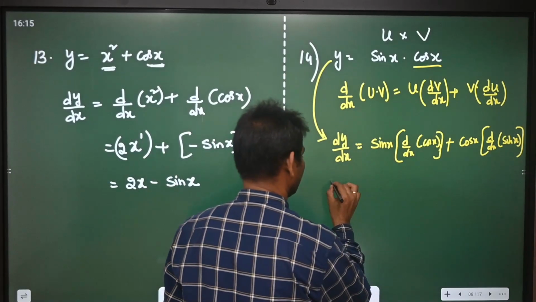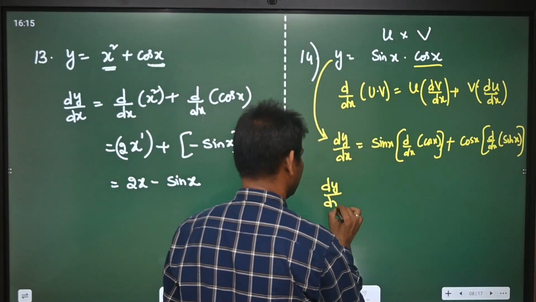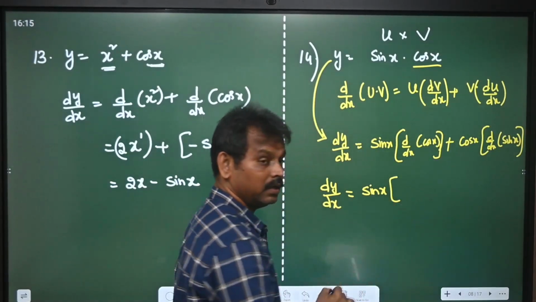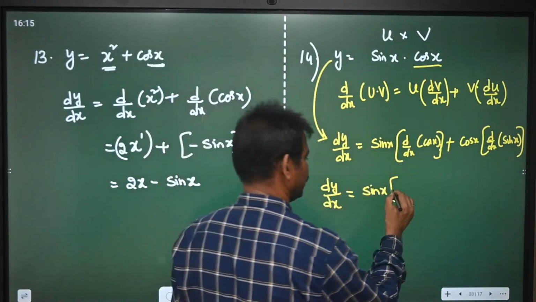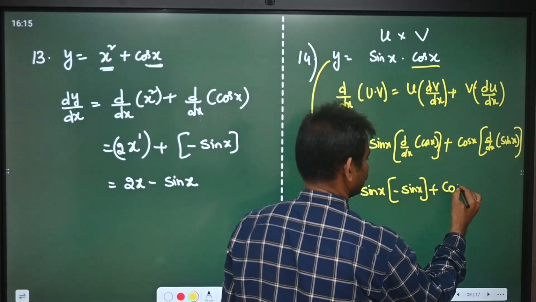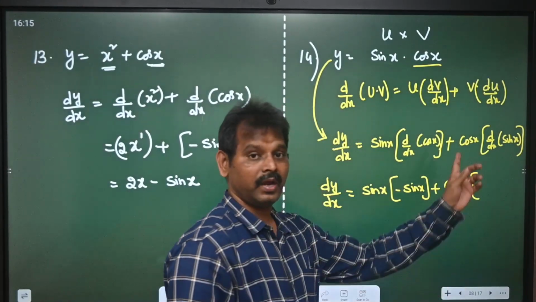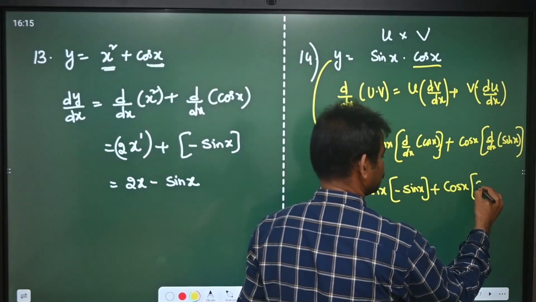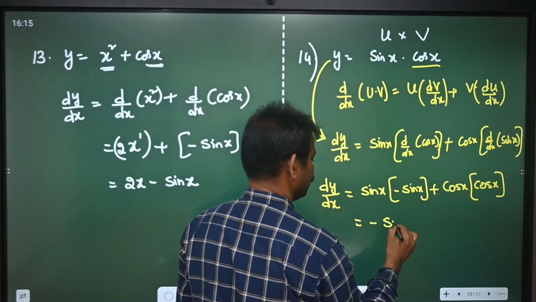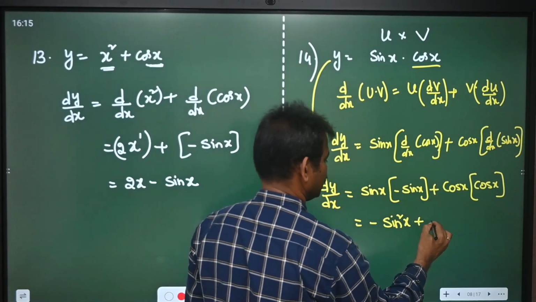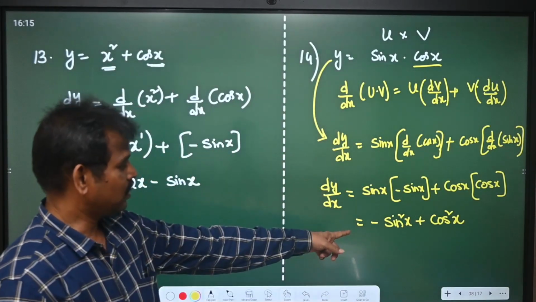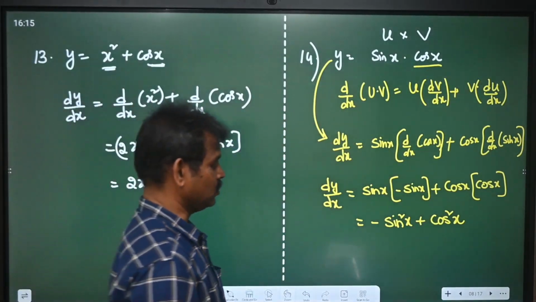So dy by dx is written as sin x, the derivative of cos x is minus sin x, plus cos x, the derivative of sin x is only cos x. This will become minus sin square x plus cos square x. This is the derivative of sin x into cos x.